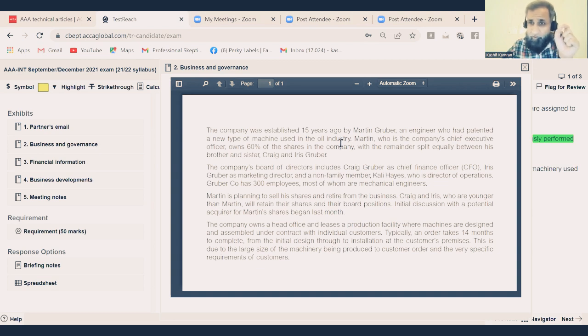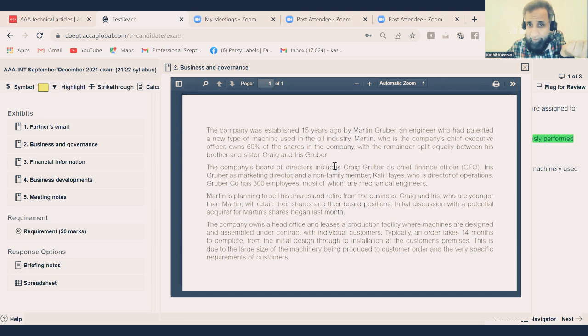Martin, who is the company's chief executive officer, owns 60% of the shares in company, with the remainder split equally between the brother and sister, Craig and Iris. So it's a family business, right? Martin having 60% shares, and the remaining shares is split between the brother and sister, Craig and Iris. It's not a listed company, right?